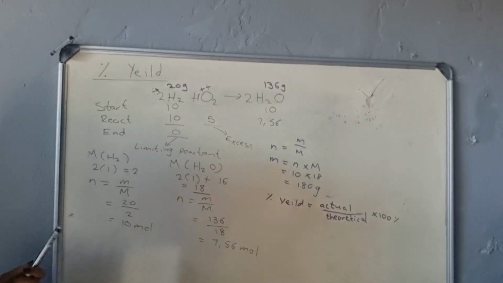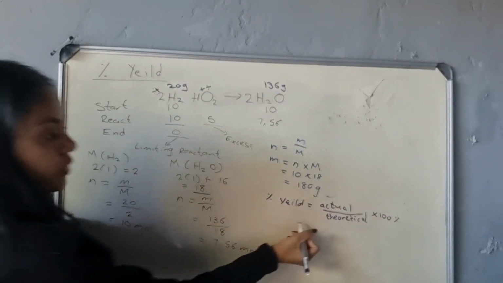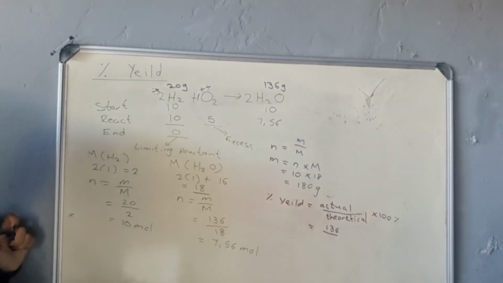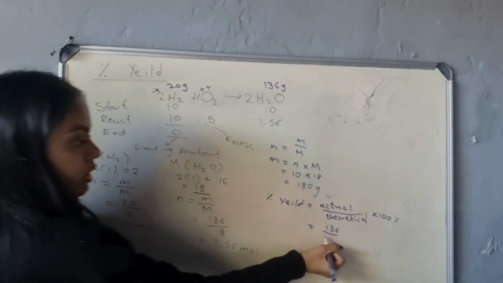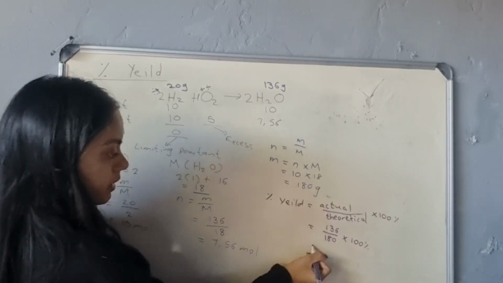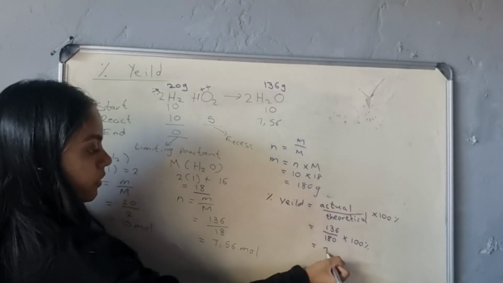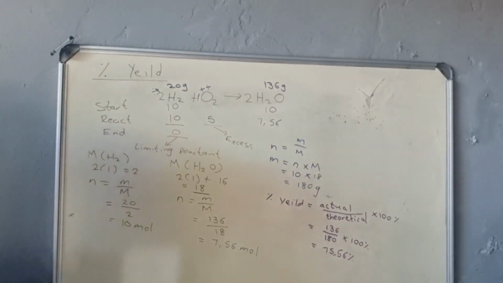So we have the actual yield that they gave us to be 136. So you'd say 136 divided by the theoretical yield that we just calculated to be 180. So divide by 180 times 100%, and then you can easily find the yield, which is 75.56%. So 75.56% is your answer.